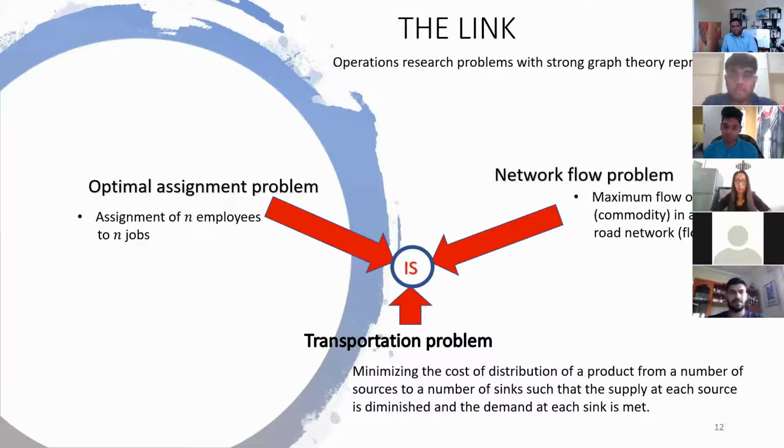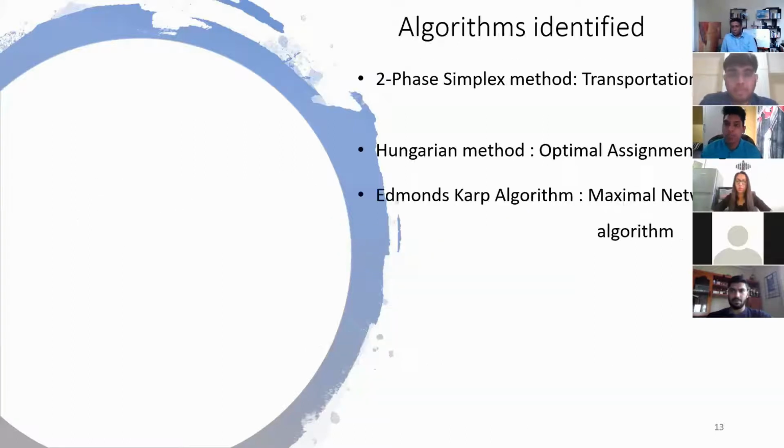The transportation problem is concerned with minimizing the cost of distribution of a product from a number of sources or suppliers to a number of sinks or consumers, such that the supply at each source is diminished and the demand at each sink is met.